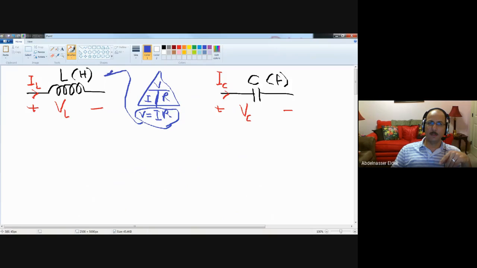This is a starting point if you want to remember the relation between voltage and current in the inductor and in the capacitor.